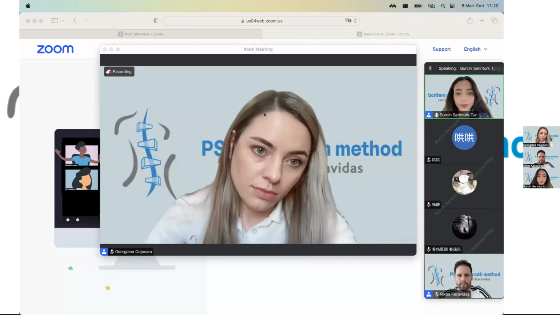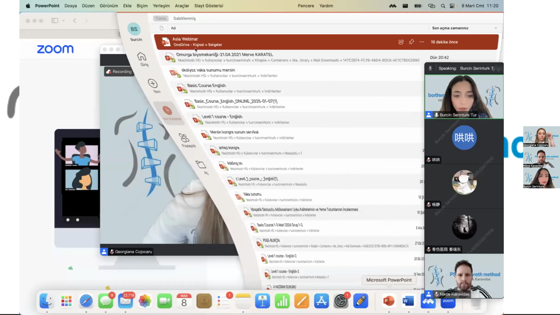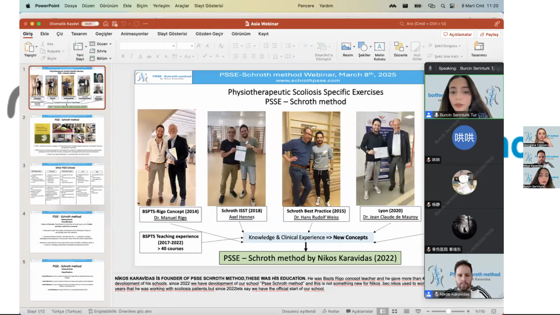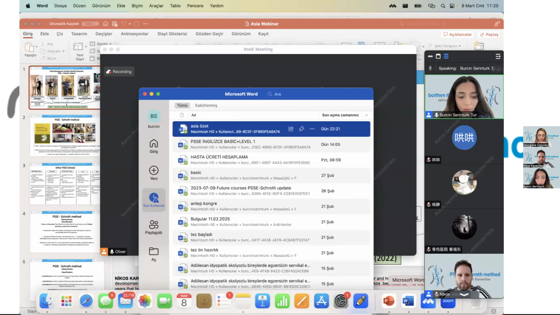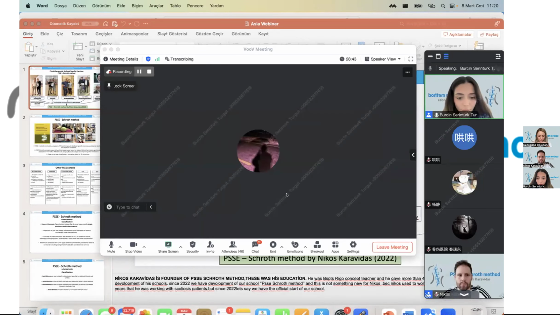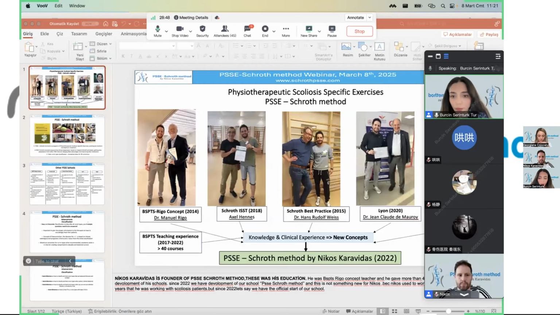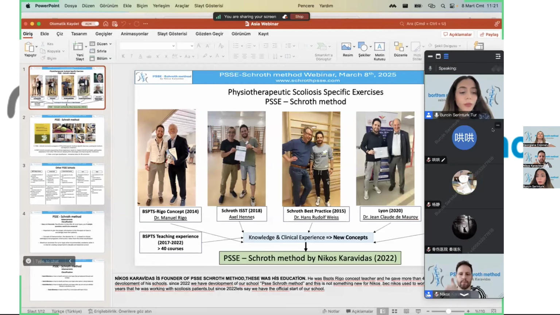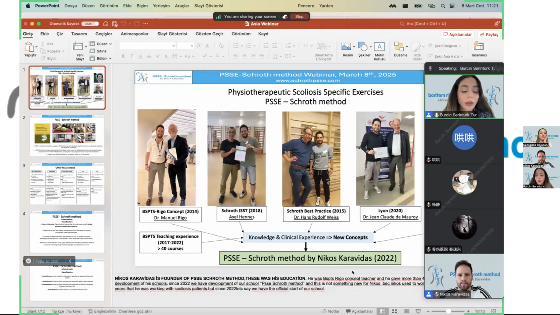Now I share my screen. Now you see my screen in both applications. Okay, great.